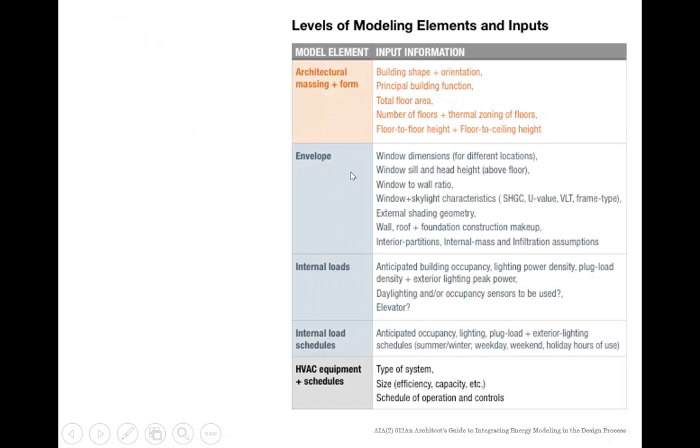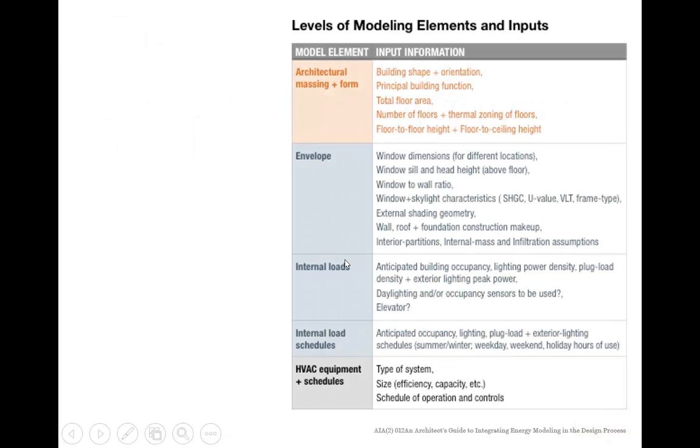Then if we move on to the envelope, things like window dimensions, sill height, window to wall ratio, the actual performance of that glass can be relevant, the foundations can be relevant, sometimes the internal partitions are relevant in an energy model, thermal mass, infiltration, so air infiltrating the building from outside. These can all be relevant.